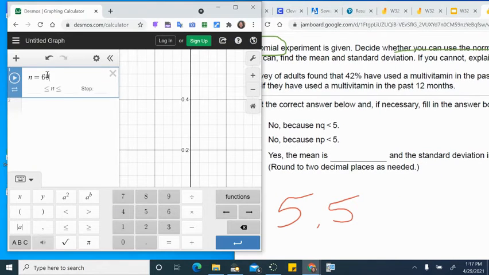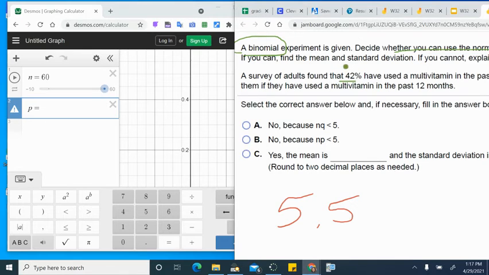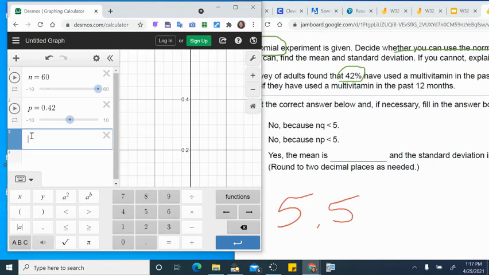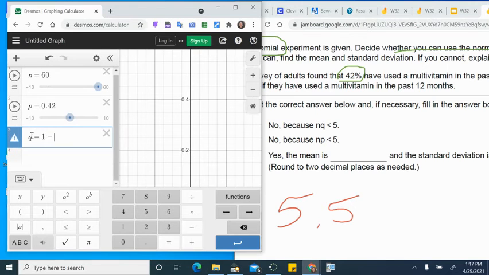So N is 60. P is the percent that it did happen, or the probability that it did happen. It looks like that's 42%, so 0.42. Q is always 1 minus whatever P was. So 42% did do this, then 58% did not. 100% minus 42% is 58%.